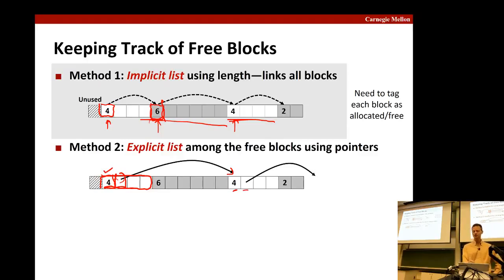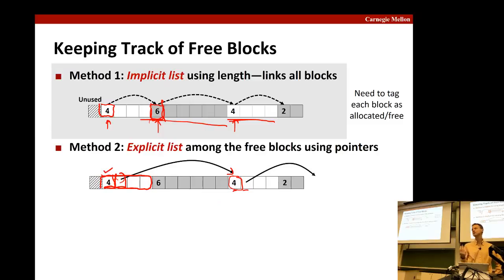That's nice because you don't spend a lot of time bouncing through the ones that are already allocated. As this space gets more and more filled up, you might spend a lot of time in the top method hopping through ones that you've already allocated, whereas this one jumps immediately to the next free thing, and the only issue is whether it's big enough for what you're trying to allocate.